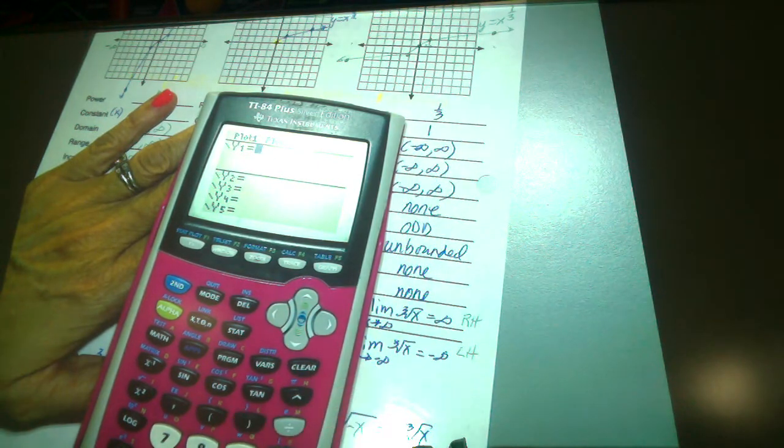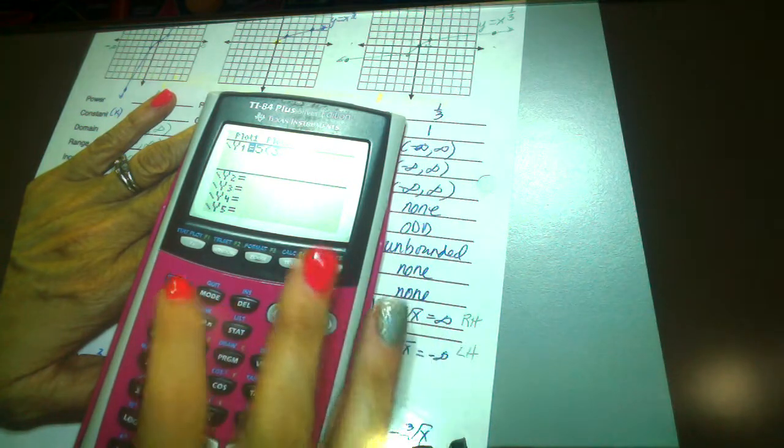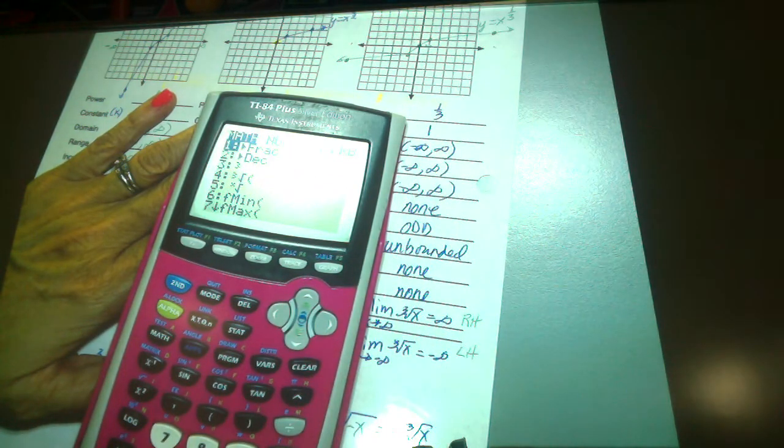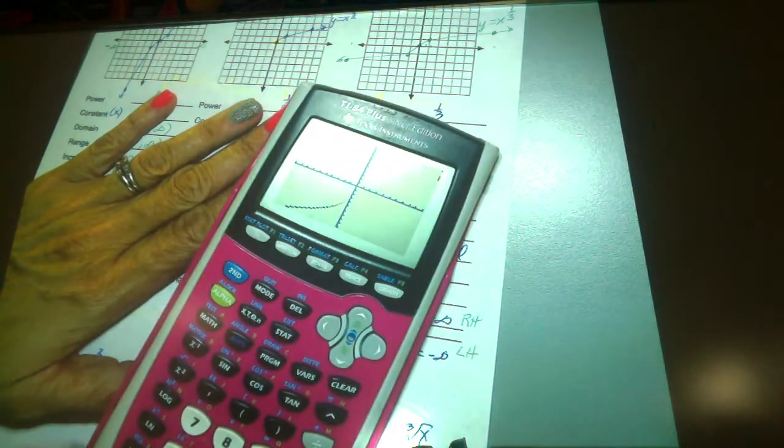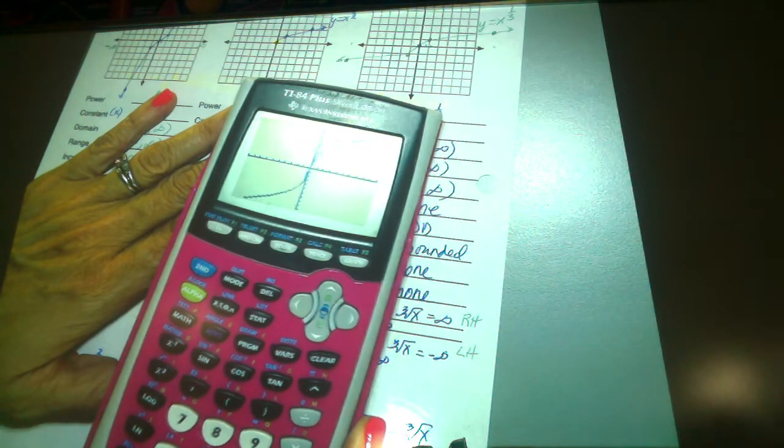So, let's make it really big, like, let's try 5, parentheses, I'm doing a cube root of x. Let's see what that does to our graph.